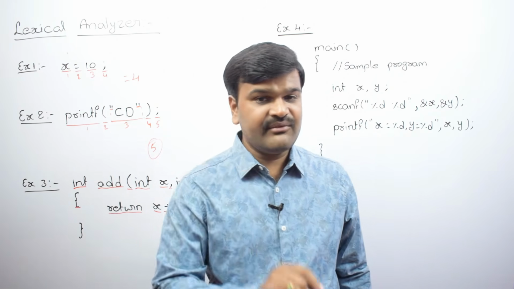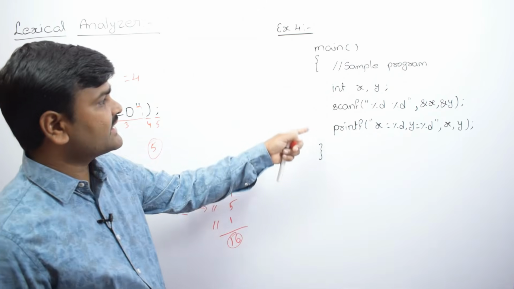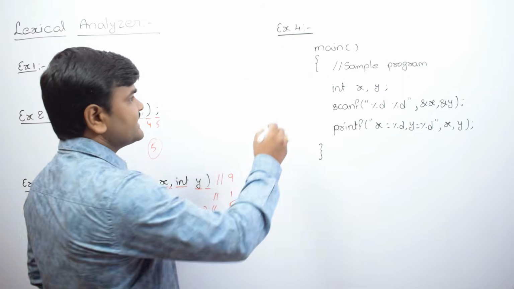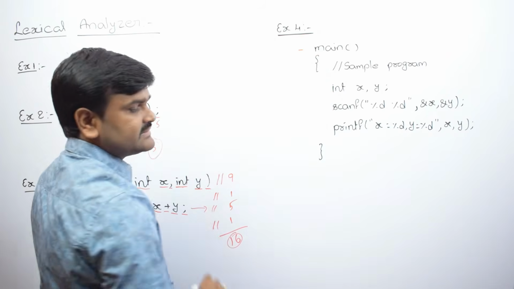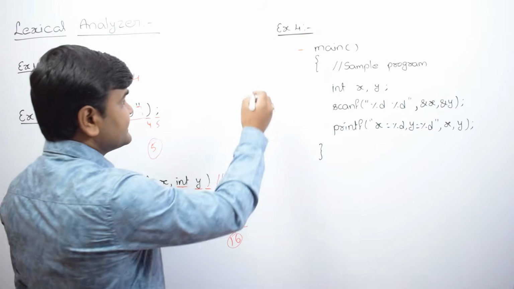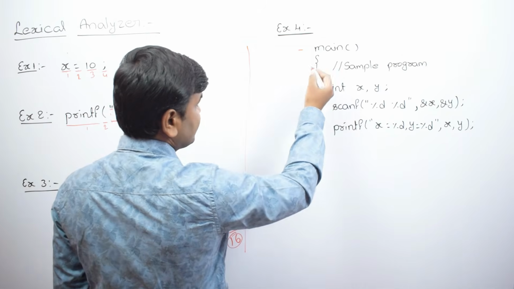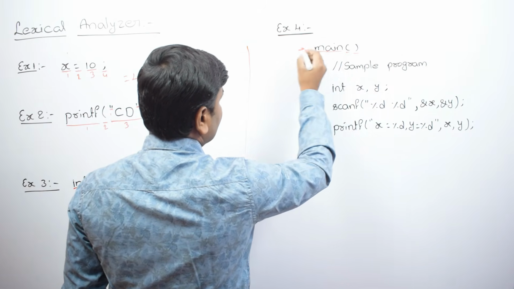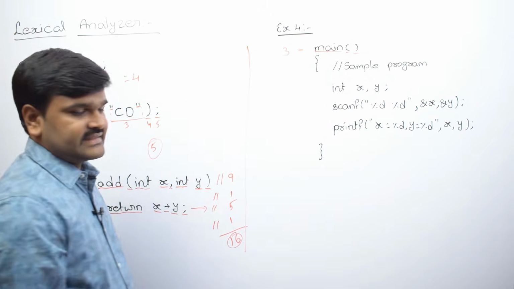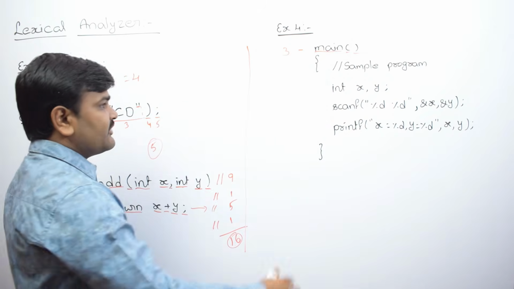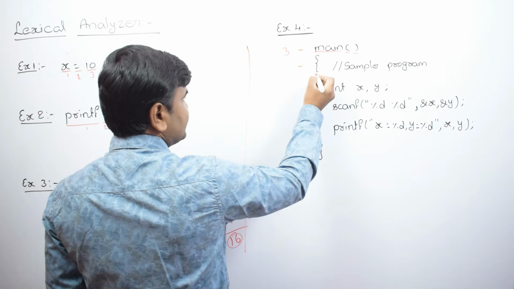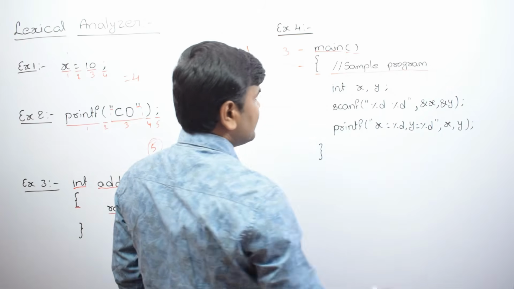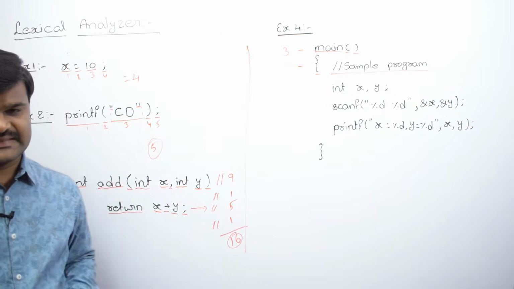In the same way, try to find out how many tokens are there in this example. In this first line, how many tokens are there? It is very easy to identify. This is one token, this is another one, this is one, so a total of 3 tokens are there in the first line. Now, if you come to this line, this is one token, and what about this part? How many tokens are there in that part?